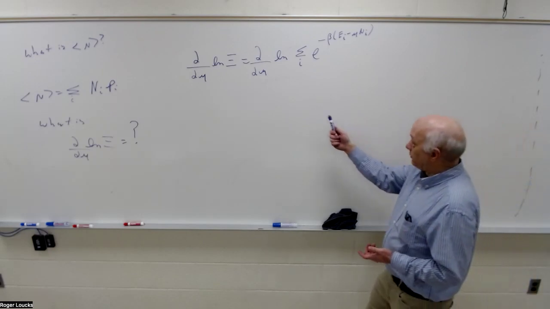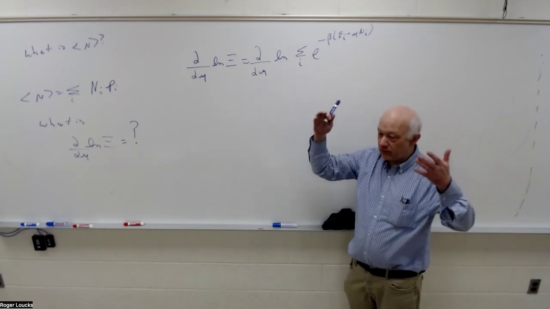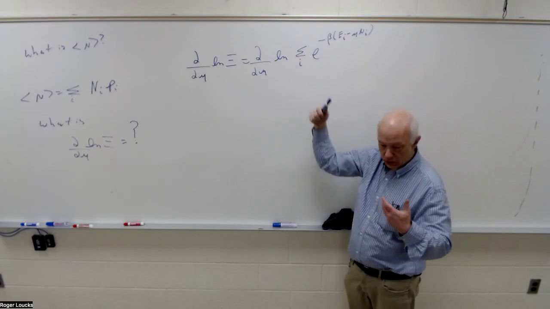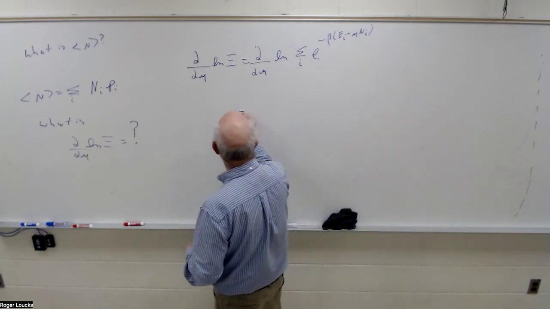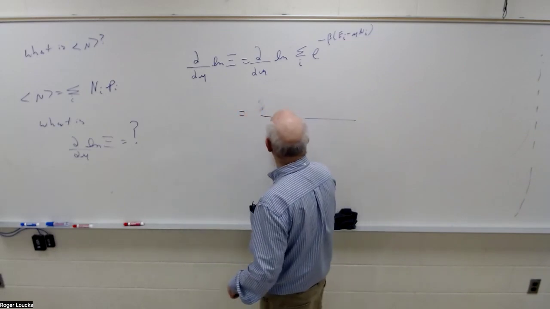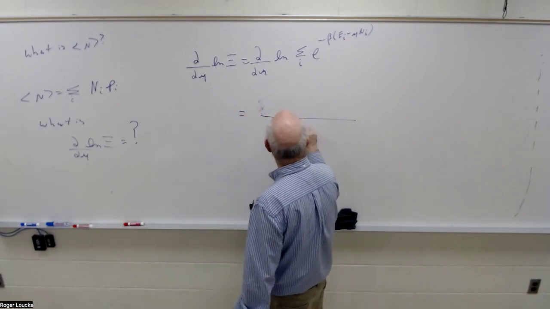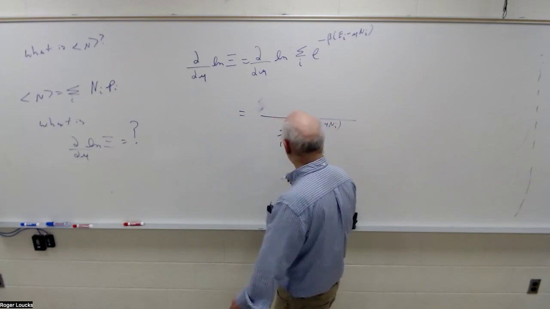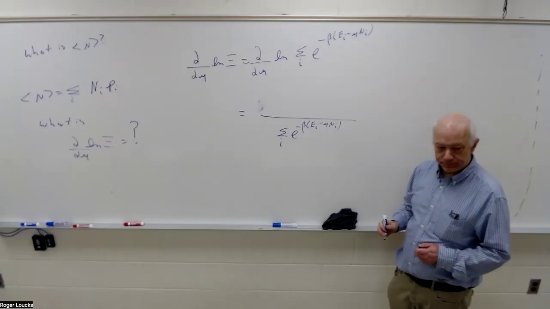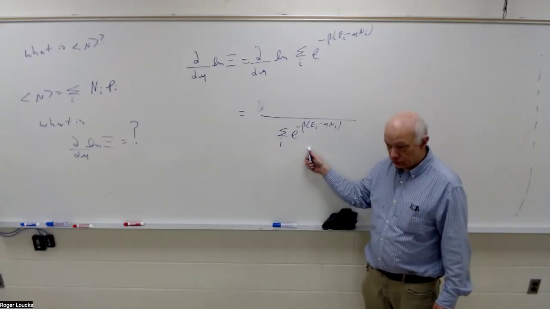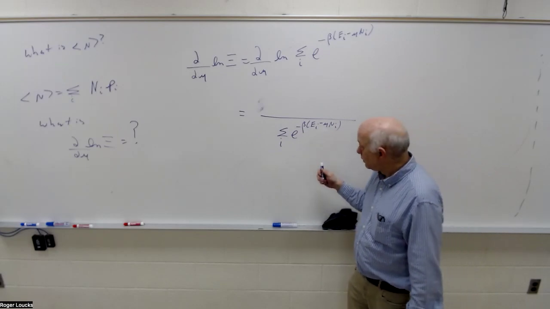So just a regular logarithm. How do you take the derivative of any logarithm? The argument goes in the bottom. Okay, what goes in the top? The derivative of this whole thing here with respect to mu.